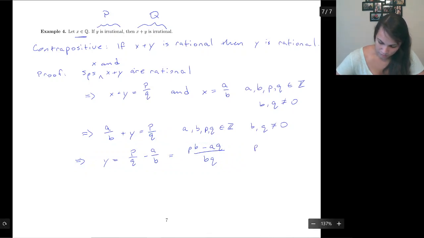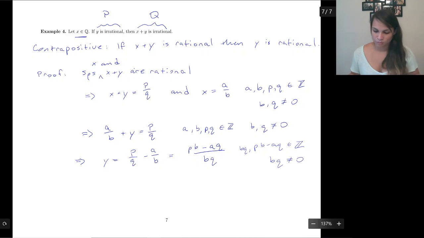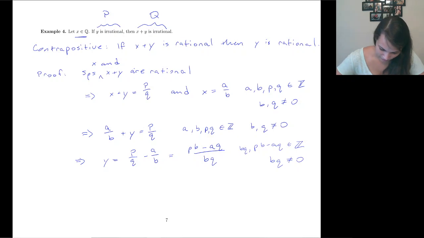And we can say that PB minus AQ is an integer. And so is BQ. And we know BQ doesn't equal 0 because not 0 times not 0 is not 0. So that means that y is a rational number.